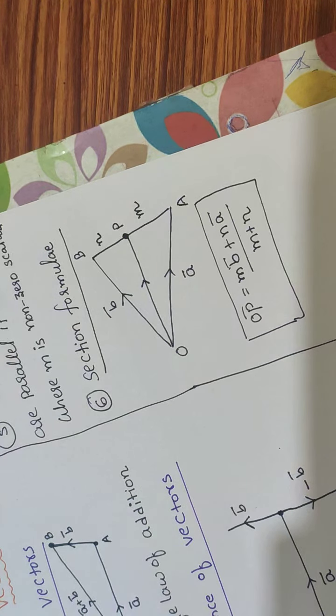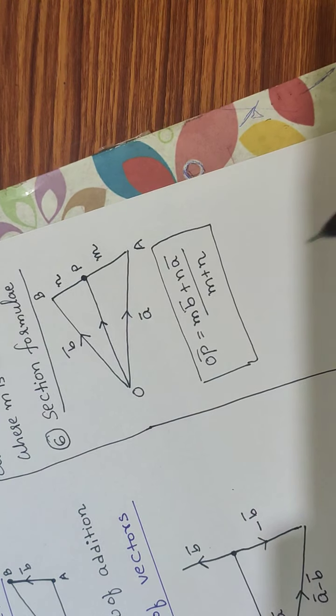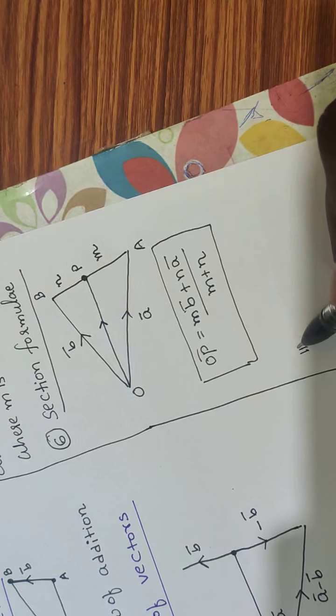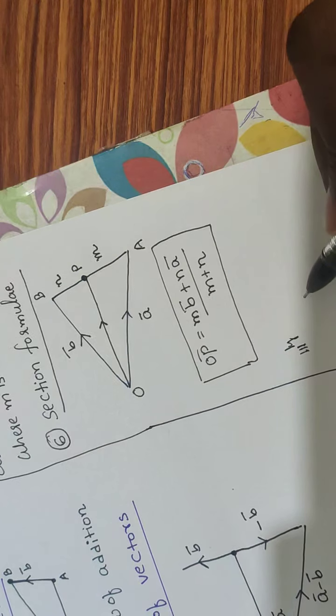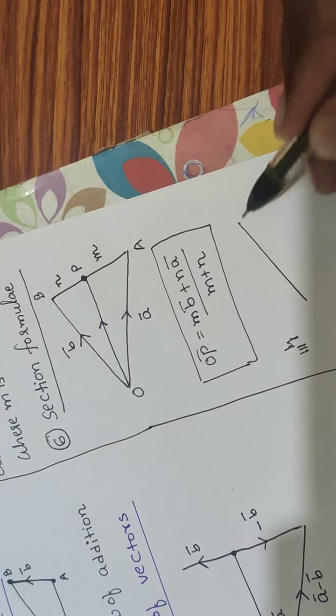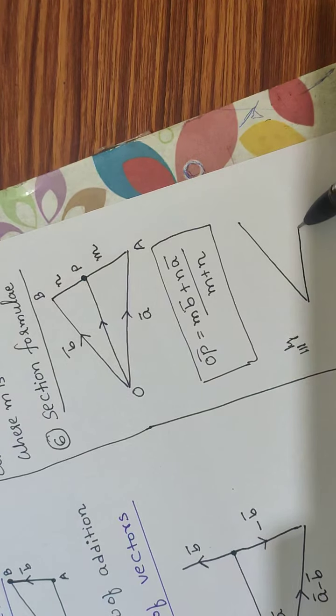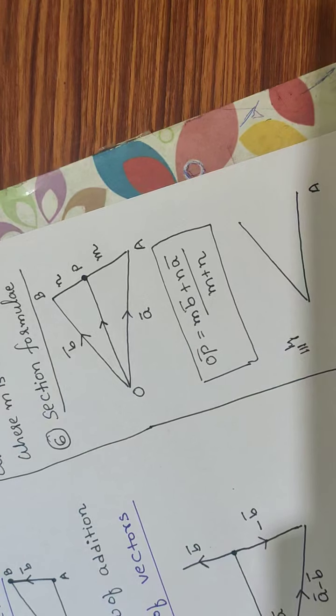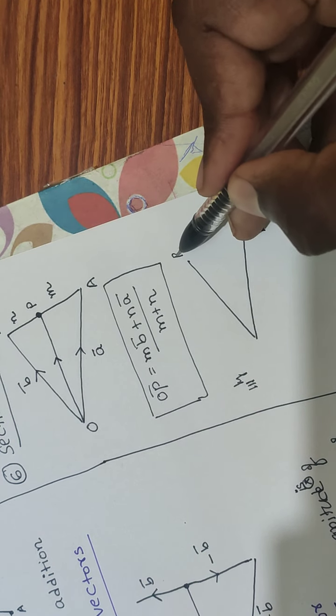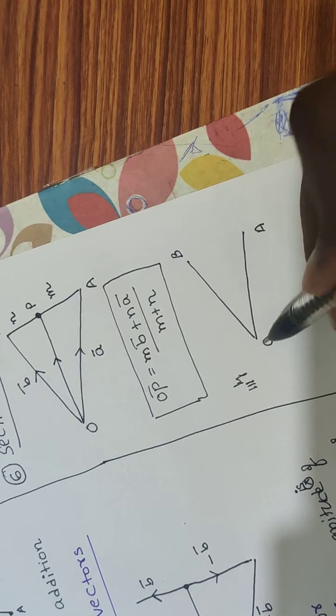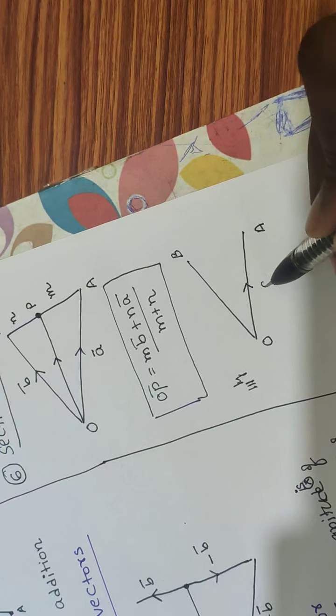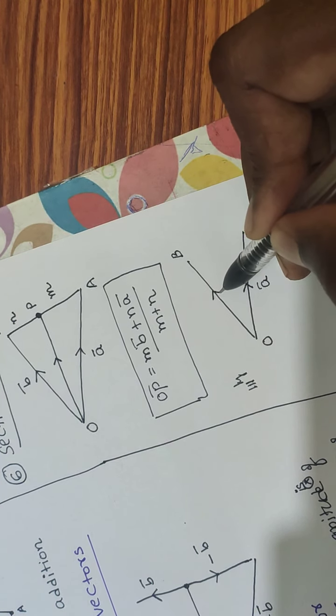For example, if the point lies outside, not inside, then what we will get? Similarly, we will take the same diagram. This is A, this is B and O. Along this A bar is a vector, along this B bar is a vector.